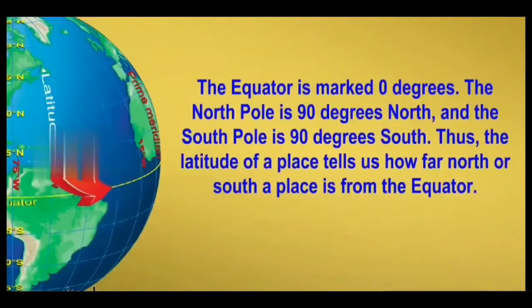The equator is marked 0 degrees. The North Pole is 90 degrees north and the South Pole is 90 degrees south. Thus, the latitude of a place tells us how far north or south a place is from the equator.